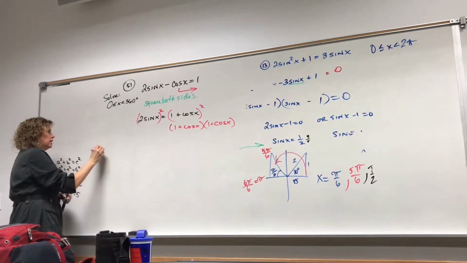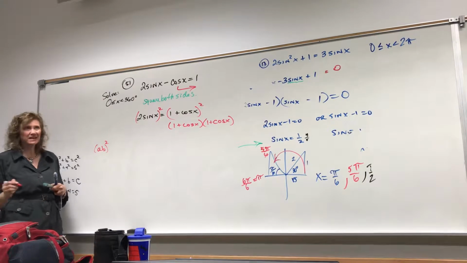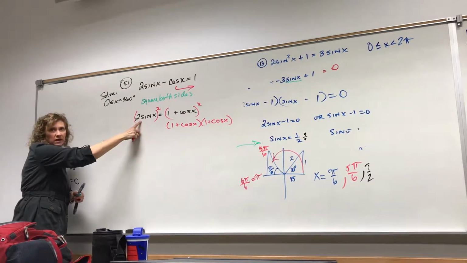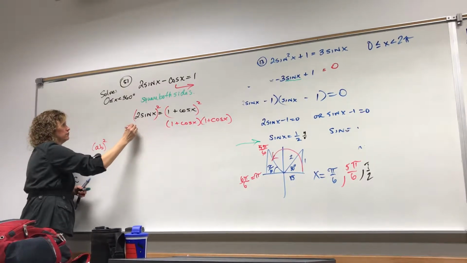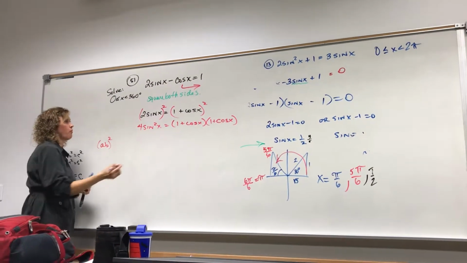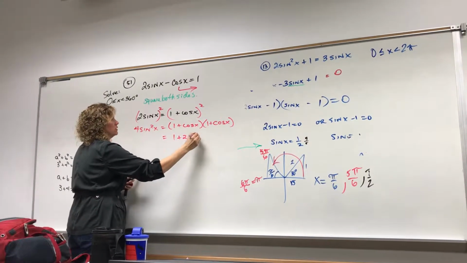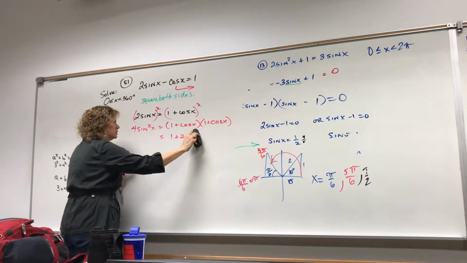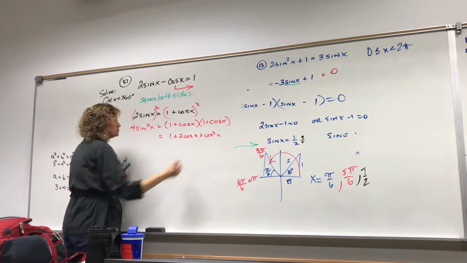It's like AB quantity squared, A squared, B squared. So be careful. There is no plus sign here. It is not a FOIL problem. We're just going to get 4 sine squared. And then 1 plus 2 cosine x plus cosine squared.